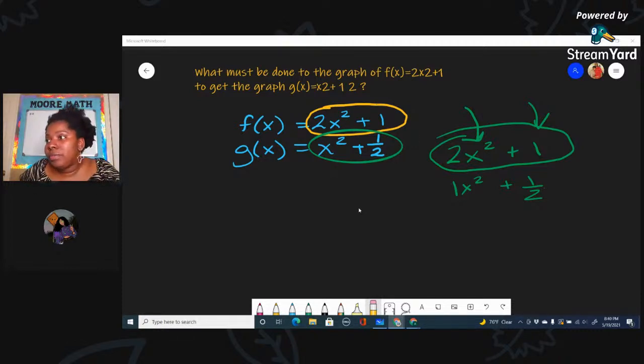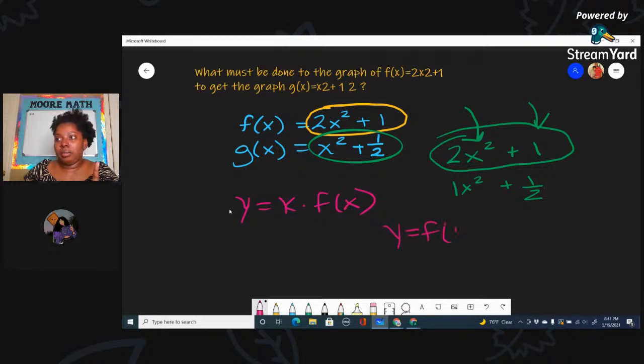Okay, so when we divide, so here it is, y equals, so when you have a function like this, y equals k times f of x, okay. So this k, so you either have y equals k times f of x or y equals f times kx.